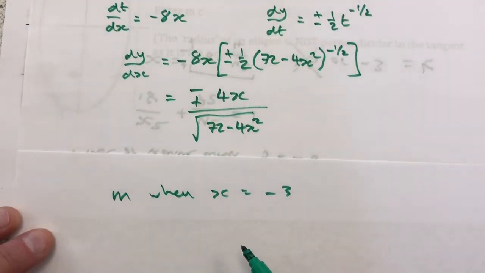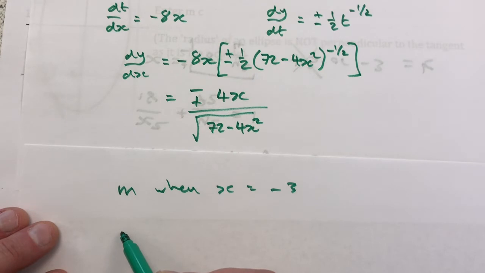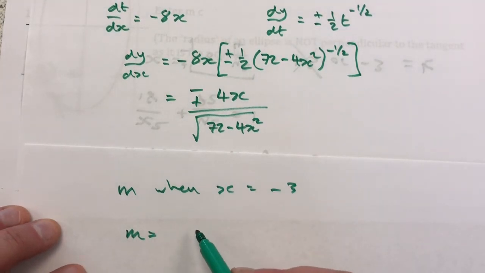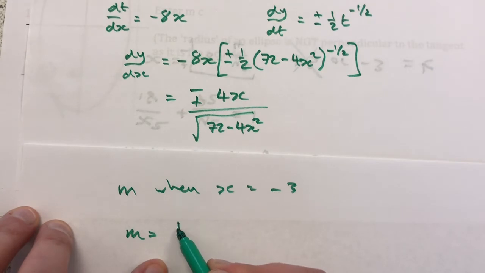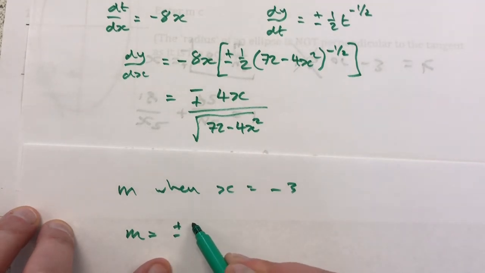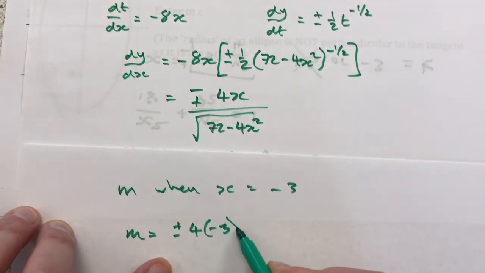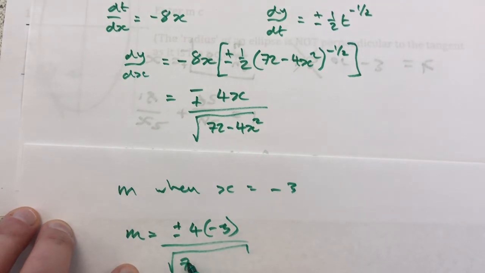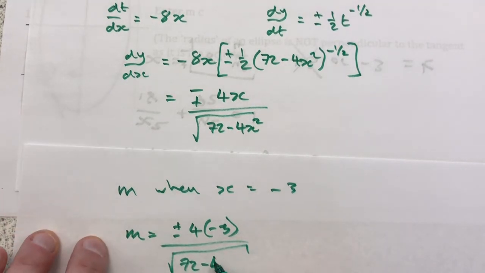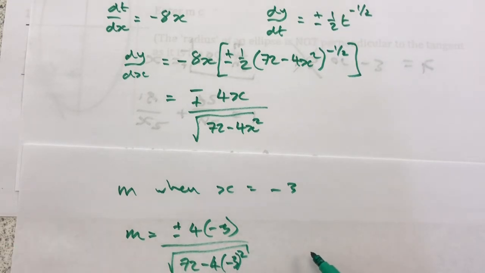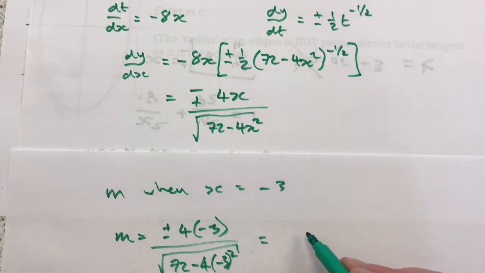So putting that in, we end up with the gradient being equal to plus or minus plus 4 times minus 3 over the square root of 72 minus 4 times minus 3 squared, and that's going to give us a gradient of minus 2 or plus 2.